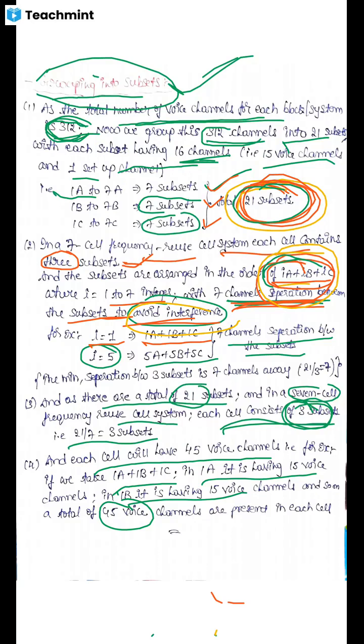As each subset has 15 voice channels, each cell will contain 15 plus 15 plus 15, that is 45 voice channels. Clear? This is how we group into subsets. This is about frequency management, numbering and grouping the total available number of channels. Okay, thank you.